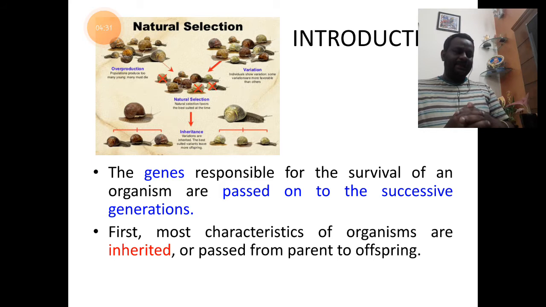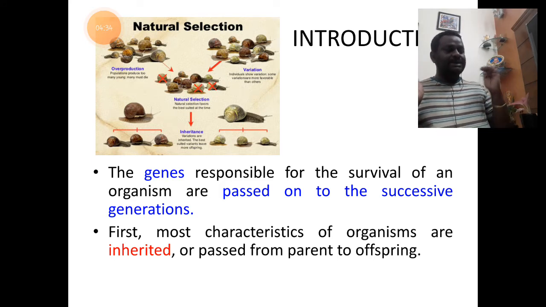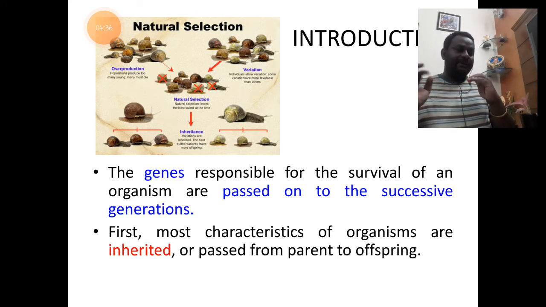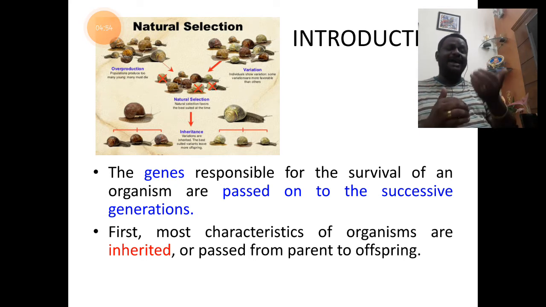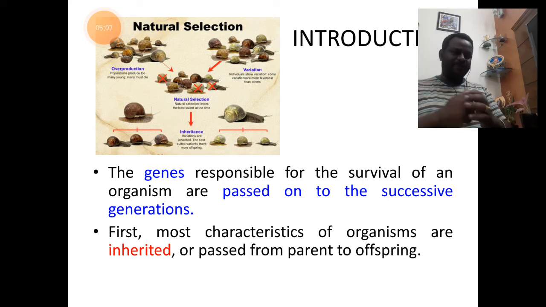As we know, every activity of a surviving individual is under the control of genes. And these genes are transferred from parents to the offsprings through the process of inheritance. Inheritance is transmission of characters from parents to offsprings.